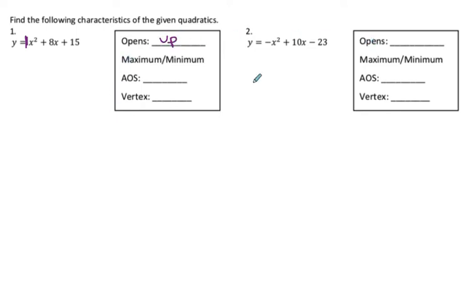I can go through and do all of this for each one because it's very much a pattern. If it opens up, this has a low point, so it's going to be a minimum. If I want to do those two pieces on every single one of these, I can. I can say, okay, here now I have a -1, so it opens down, making it an upper value, a maximum, because it's going all the way up and then back down.